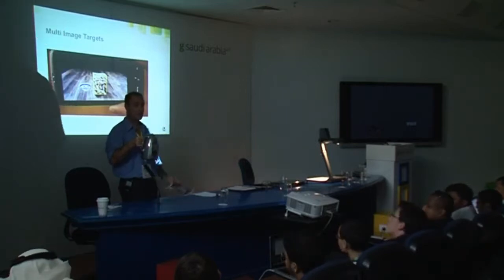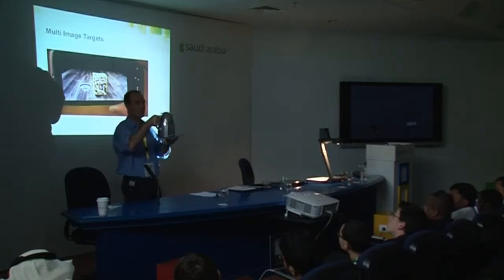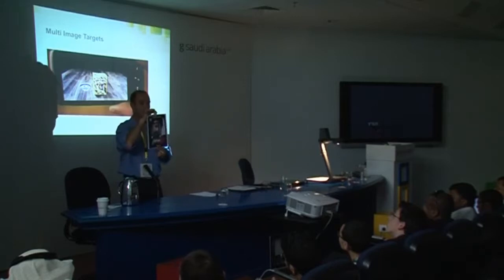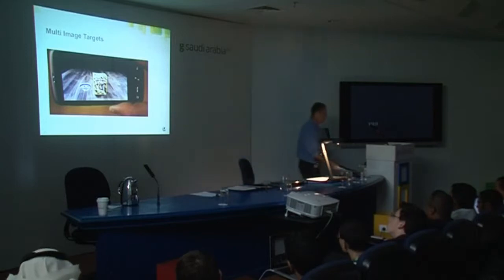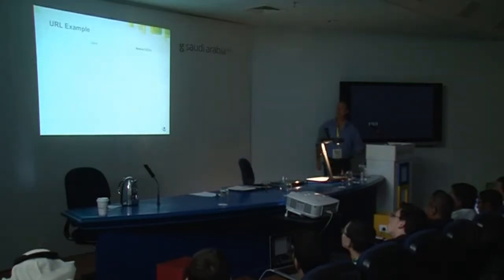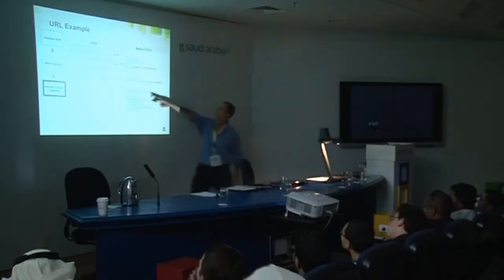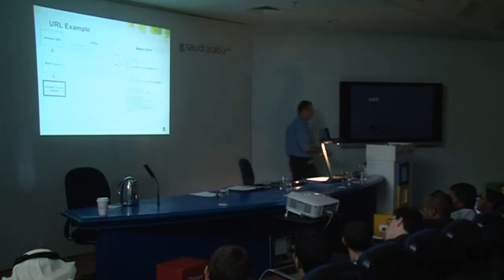Once I have this, if I just leave it at that, my application will just draw a teapot on top of it. That's not what I want, right? I don't want a teapot. What I want it to do is when it sees that, to point to a URL. So I take my sample code as is, and I modify it. It's the same Java code with my initialize SDK, start the tracker, etc. What I will need to do is tell the Java string, pass it a message, and the message is basically to do this URL, do this new event.